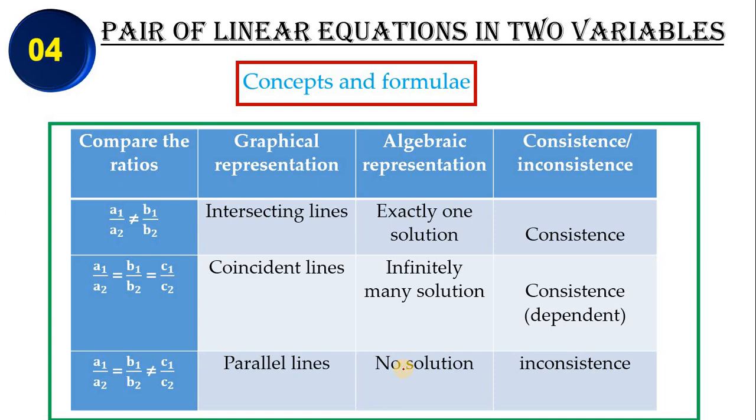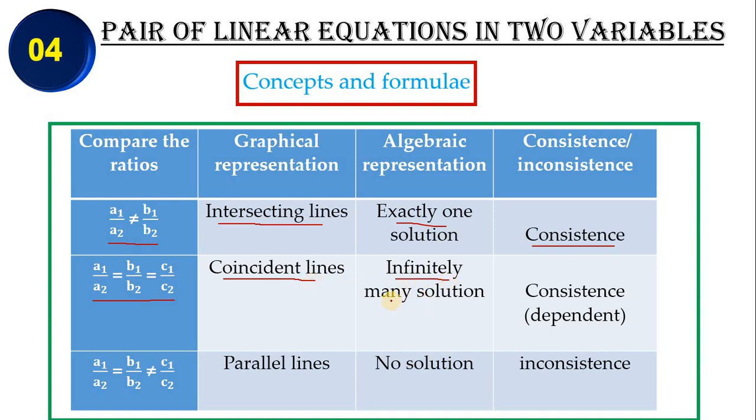So I am repeating all these ratios again, keep it in mind. A1 by A2 not equal to B1 by B2: we have intersecting lines, exactly one solution, and these are consistent. Second ratio, A1 by A2 is equal to B1 by B2 is equal to C1 by C2: these are coincident lines.